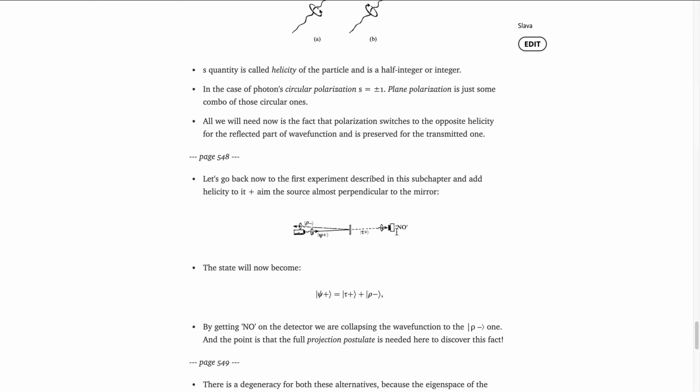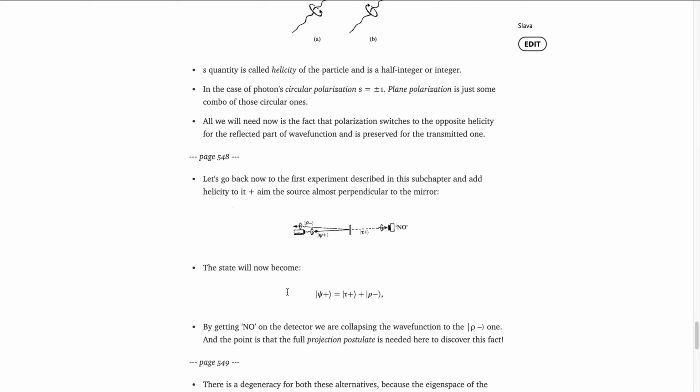Yeah, and we also have the same detector placed on the right here to catch the tau plus part. So by assuming that polarization switches, we now know that the psi plus state of the system after encountering the mirror could be represented as a superposition of tau plus and rho minus here. So the reflected part of the wave function changed its helicity.